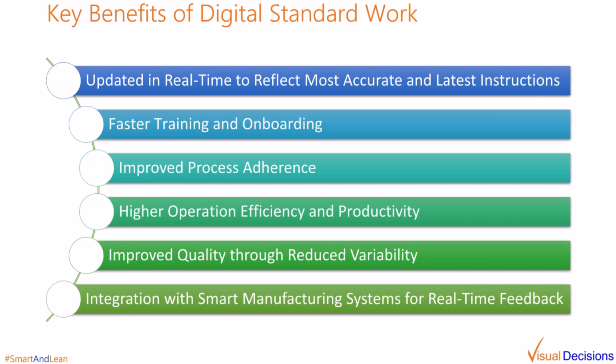And then you have seamless integration with smart manufacturing systems in general, which means you have better monitoring, more information to improve the process, and more visibility from management about what is actually happening on the shop floor. So digital standard work doesn't just document the best way to do a task, it can help to continuously improve it using that real-time data.